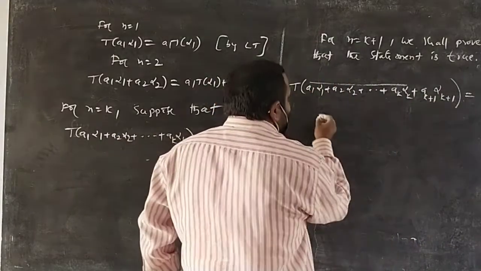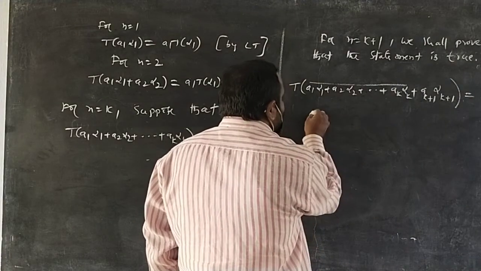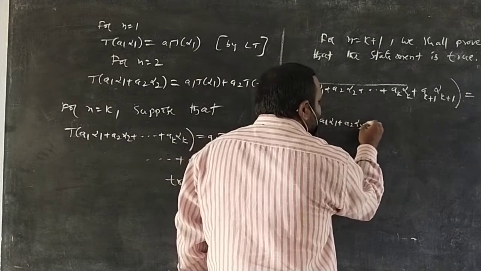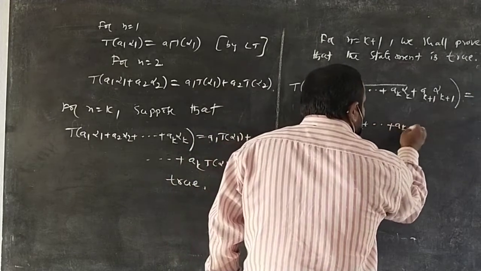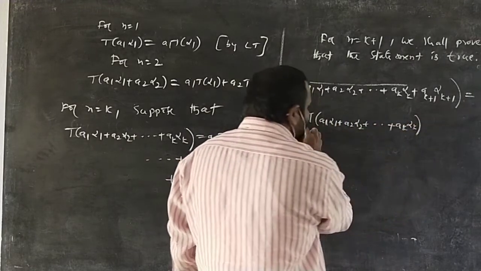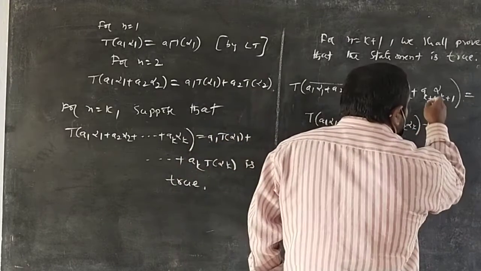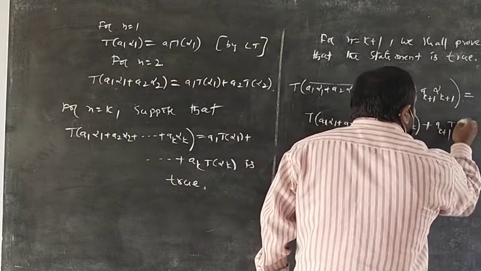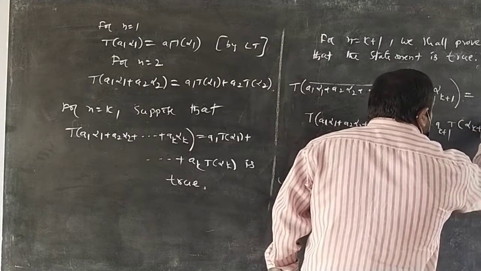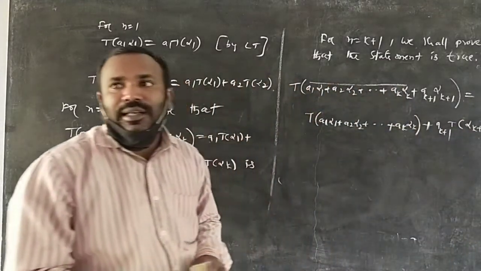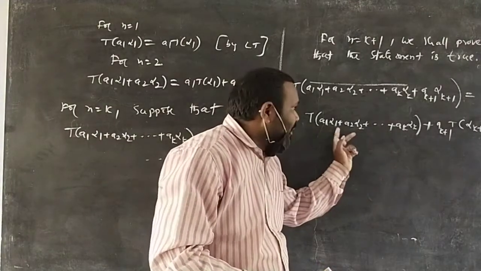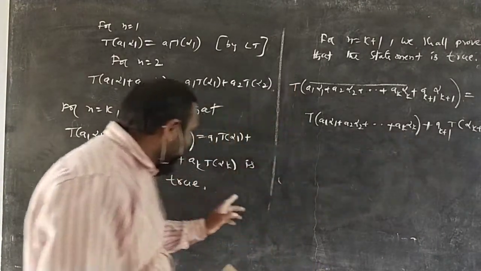So by the definition of linear transformation it can be written as T of a1 alpha 1 plus a2 alpha 2 plus and so on plus ak alpha k, that is 1 into this, plus b, that is ak plus 1 T of alpha k plus 1. Okay, but T of a1 alpha 1 up to ak alpha k equals what?